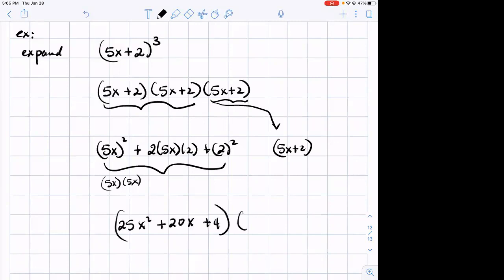And now we multiply this by 5x plus 2. Just in case you don't remember the formula, there's the long way to do this.